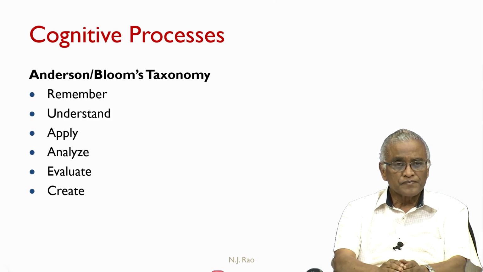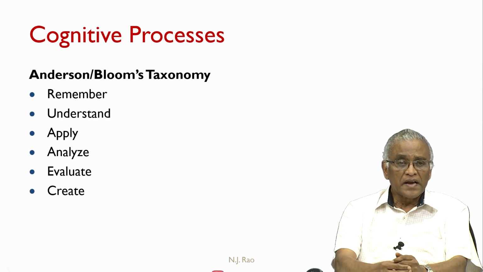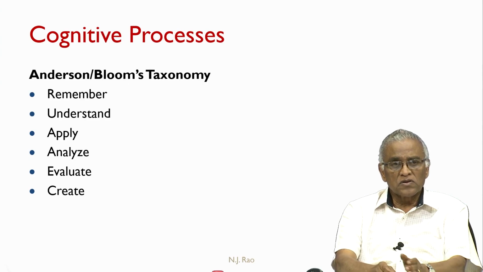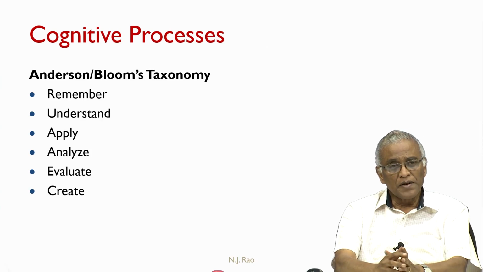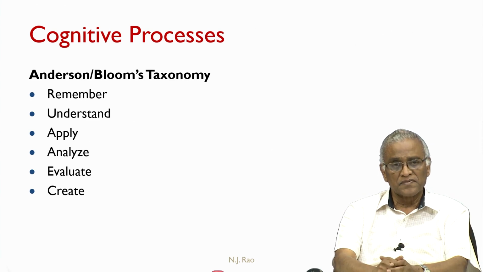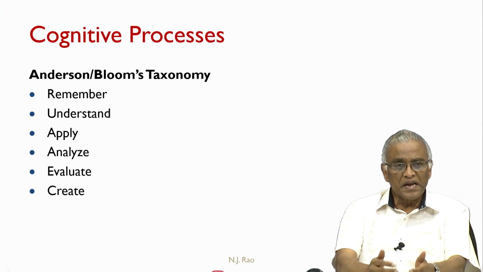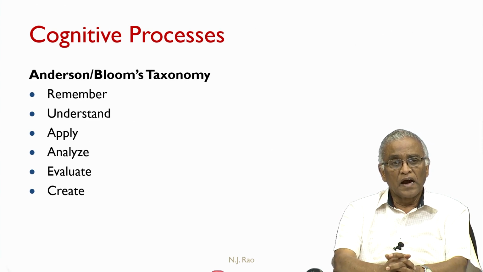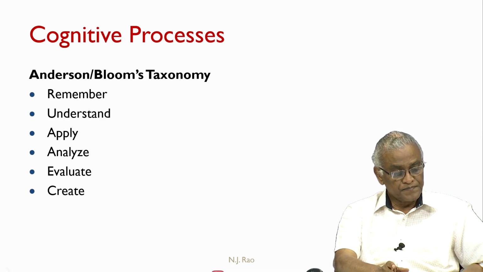That means understand activity will also involve remember activity. Apply activity, for example, will involve understand and remember activities. So, like that, create activity is the highest, and it may involve activities related to all the 5 cognitive processes. Okay.